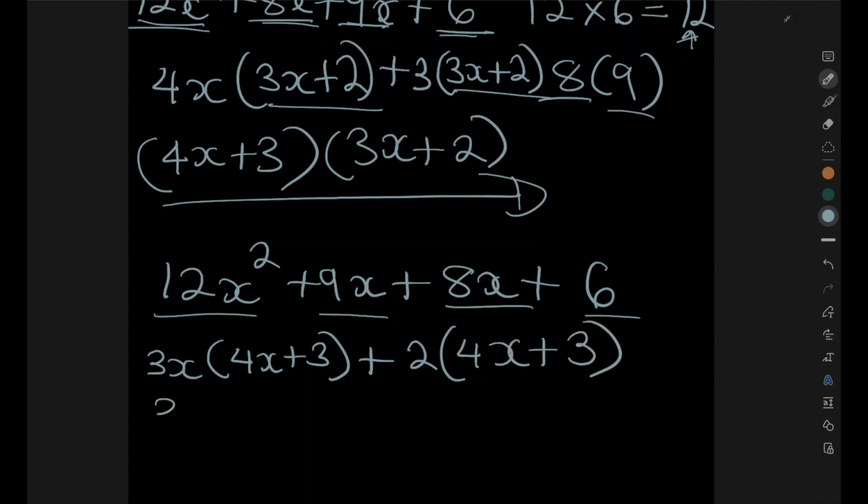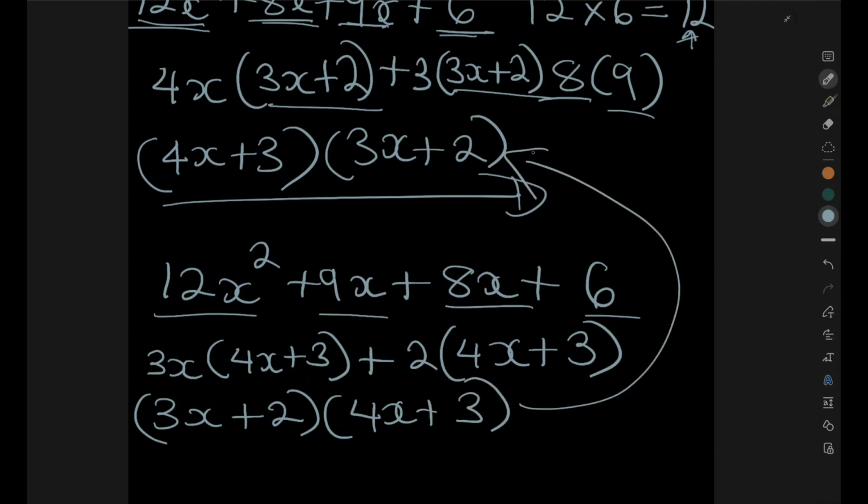Then I'm going to rewrite this as 3x plus 2, and obviously 4x plus 3. So I get back to the same answer. It doesn't really matter how you arrange them, you'll always be able to factorize using grouping either way.